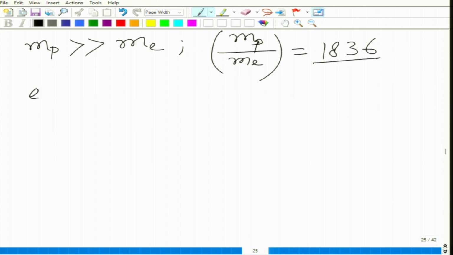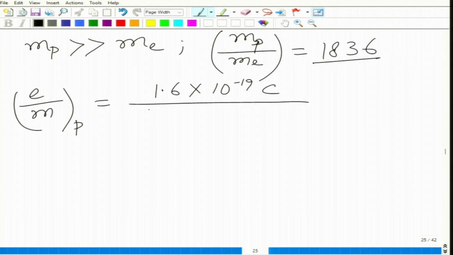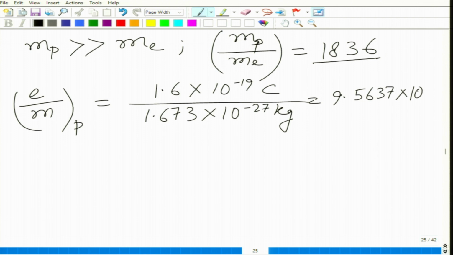So what was the charge to mass ratio for proton? The charge to mass ratio for proton was 9.5637 into 10 to the power 7 coulomb per kg.